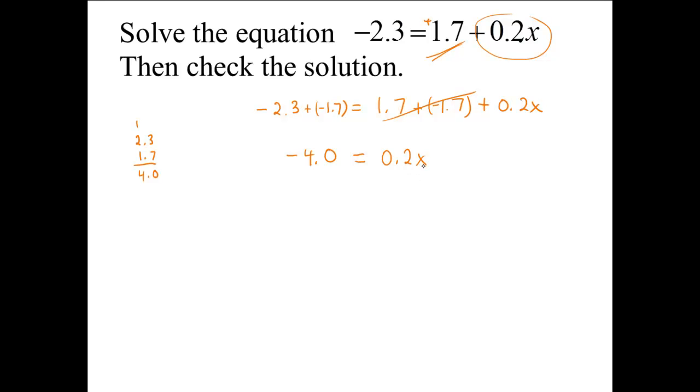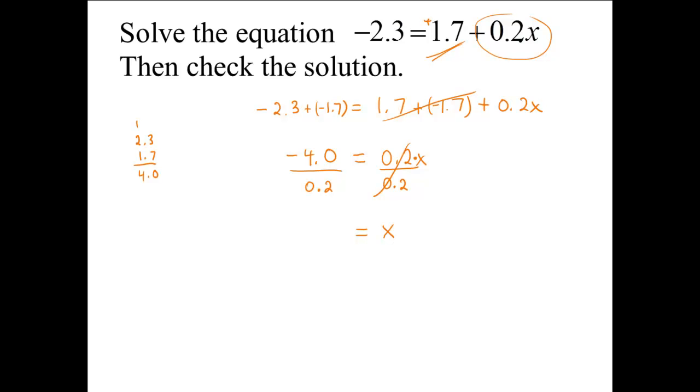To solve for x, we divide in order to undo this multiplication. We divide both sides by 0.2. 0.2 divided by 0.2 is 1. On the right side we have 1 times x, or more simply x.